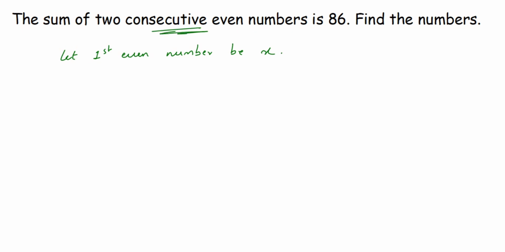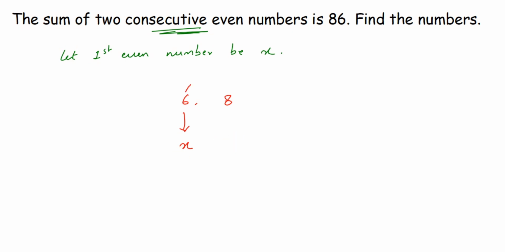Now how to take my second consecutive number? Remember, it should be a consecutive even number. To understand this, let's take an example of 6 and 8. They are two consecutive even numbers. I have assumed my first number to be x. Then how to write the second number in terms of x? Look here.